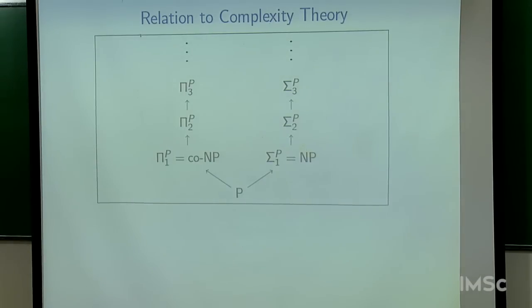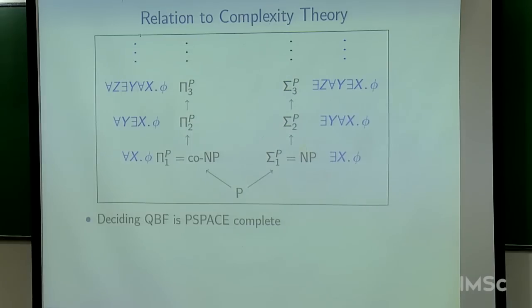QBF has a nice relation to complexity theory. First of all, deciding QBF is PSPACE-complete, but if we restrict the quantifier alternations of the QBF, we get complete problems for each level in the polynomial hierarchy.